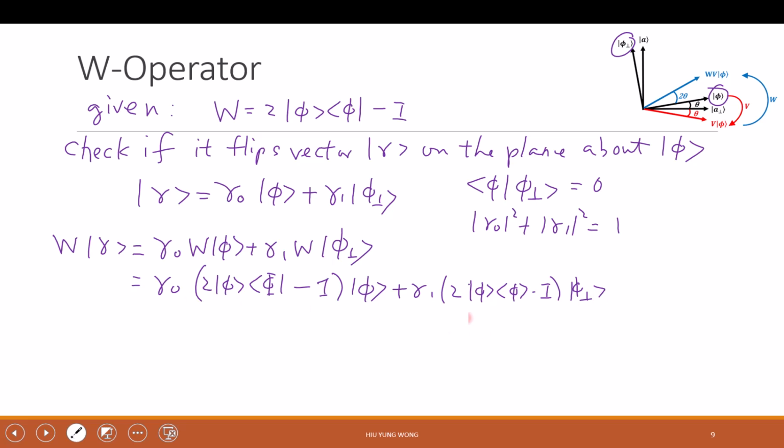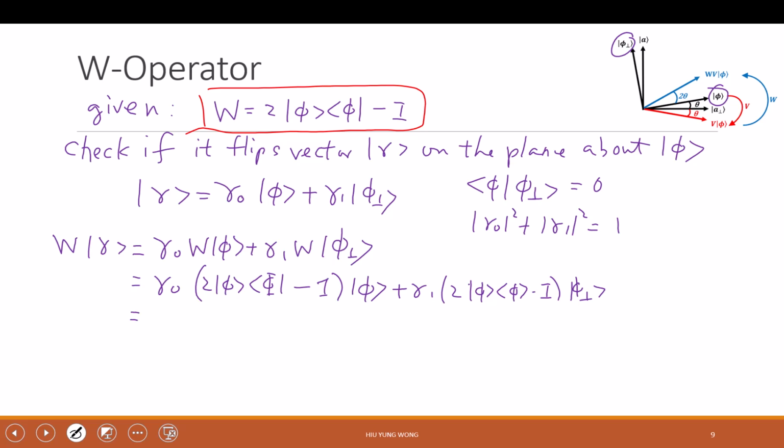Are you okay? This step is messy but should be straightforward. W times phi, right? I just plug in W because it's given that W equals 2 phi outer product phi minus 1. Okay? And you just continue, but it is very clear, right?